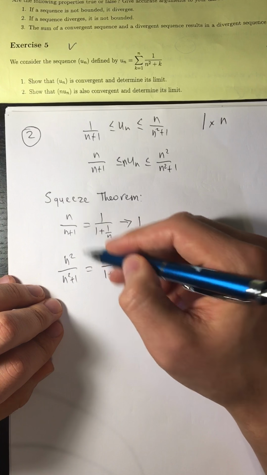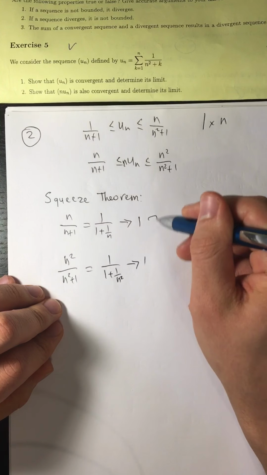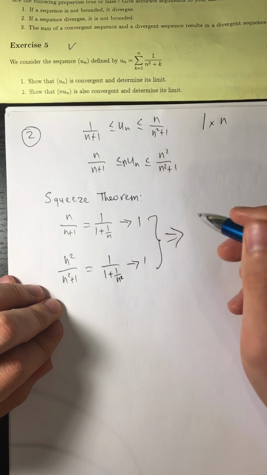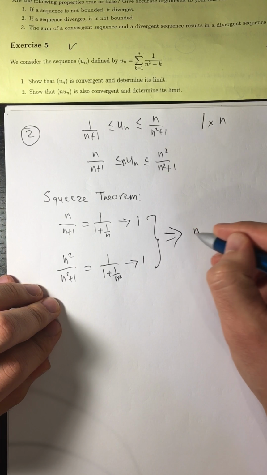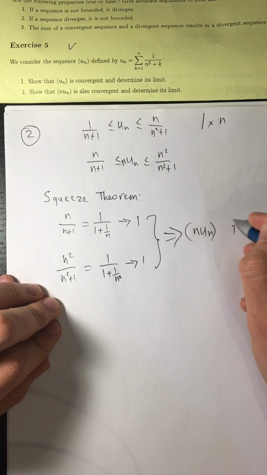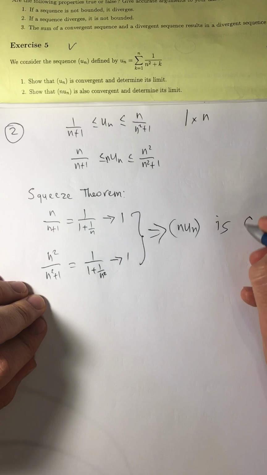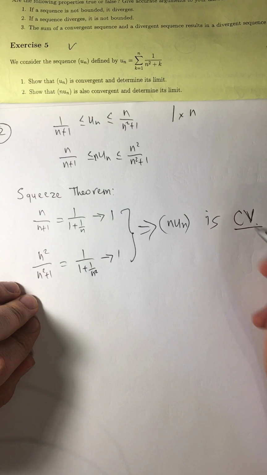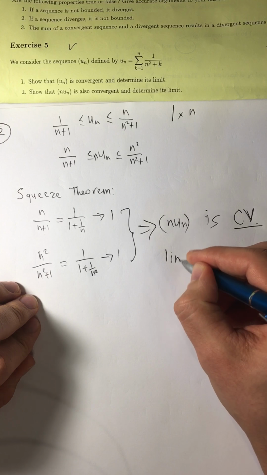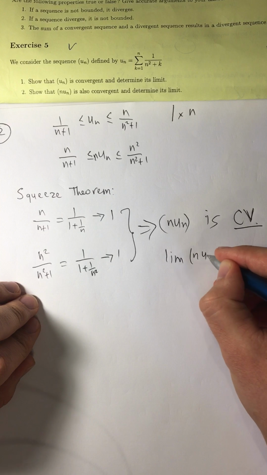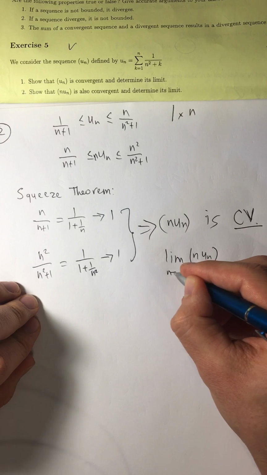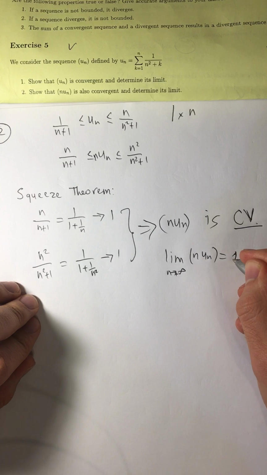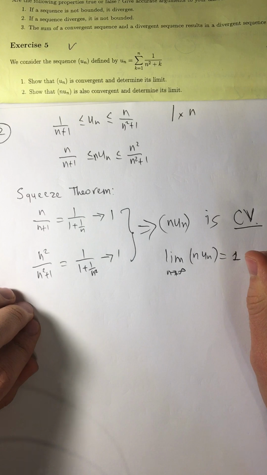I just divided by n, and I just divided by n squared. You gotta understand this, it's easy. And from this, we can decide that n u_n is convergent. And what is the limit? Yes, it's 1, as n approaches plus infinity.